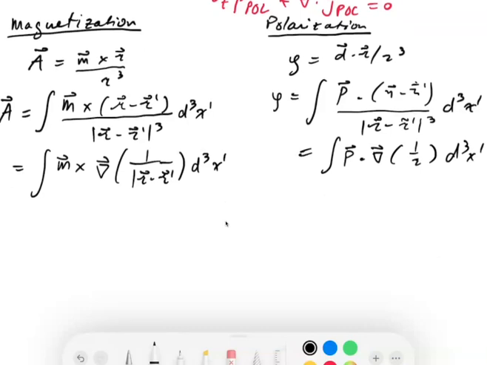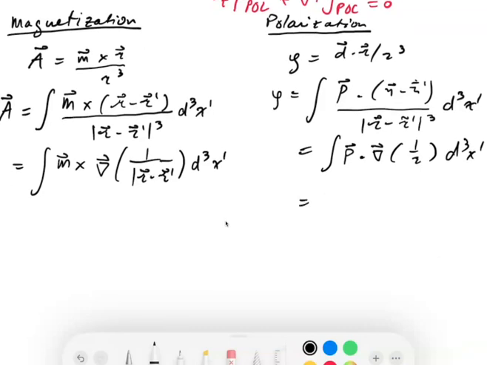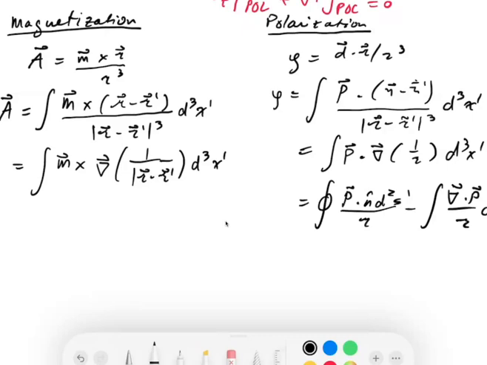And then we did integration by parts here. So we got a surface integral of P·n d2s prime over r minus r prime, and then we had the divergence of P over r, and then that's a d3x prime.